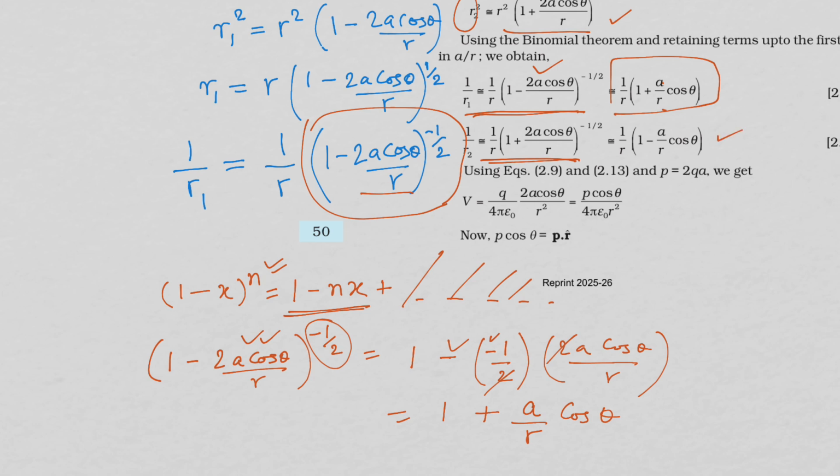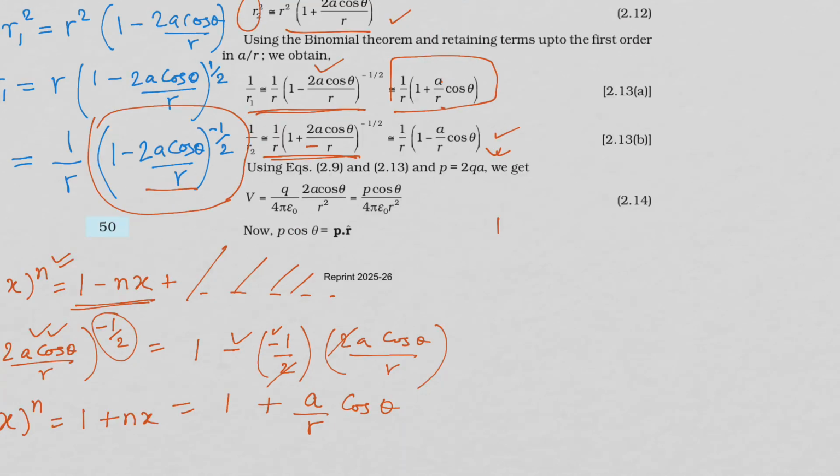r2 part. So here because our x is positive, instead of negative, the positive formula will be used, and the positive formula is the same, 1 plus x to the power n is equal to 1 plus nx, and we get this value after solving it.